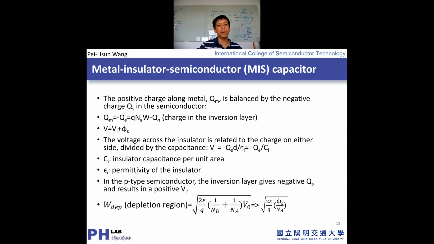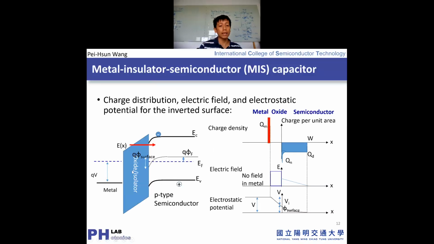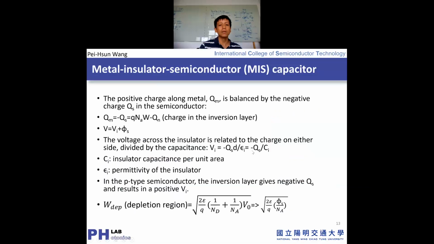So you can determine Qs, the surface charge, divided by the capacitance for the unit area. The capacitance defined by the insulator is epsilon multiplied with the area divided by the distance d. So Qs over Ci is the voltage across the insulator.